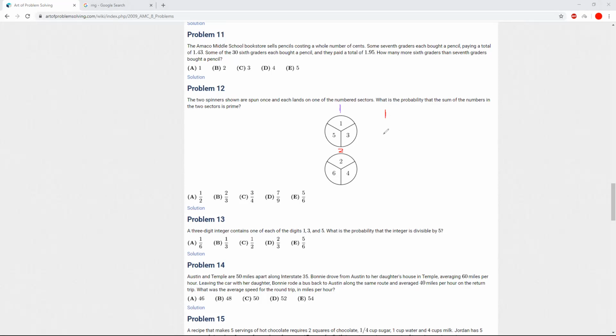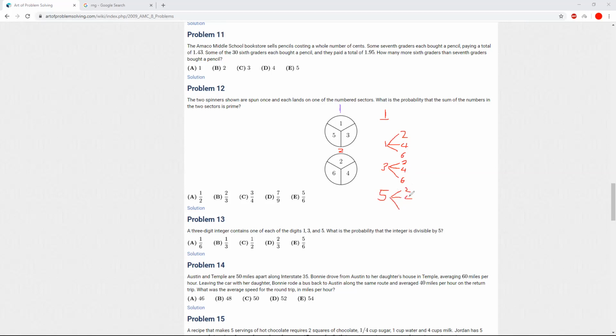So for spinner 1, we have 3 options, which is 1, 3, and 5, which are equally likely. And then they can all have 3 different options, which is 2, 4, and 6.